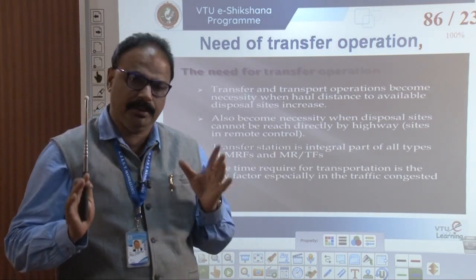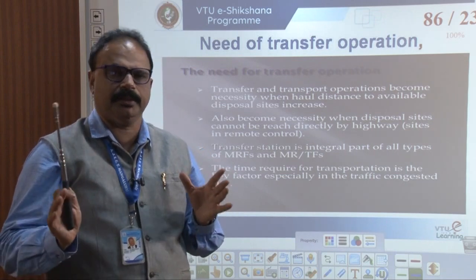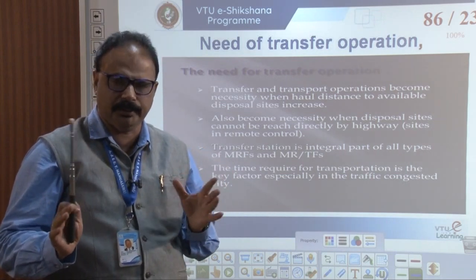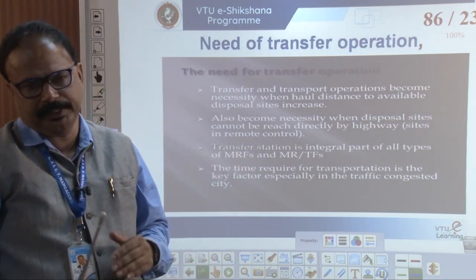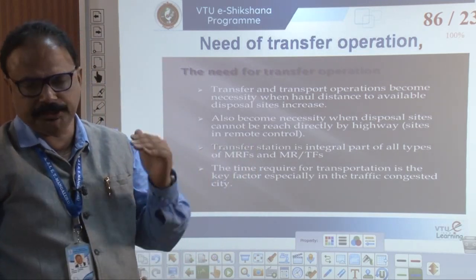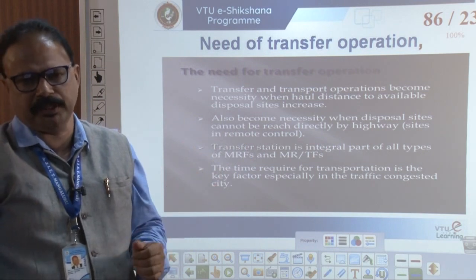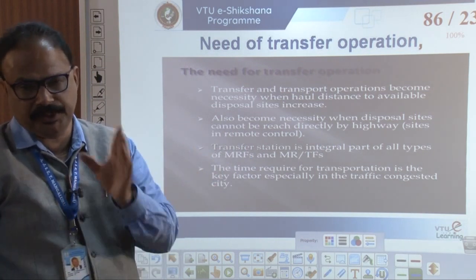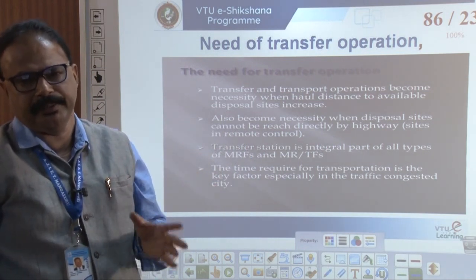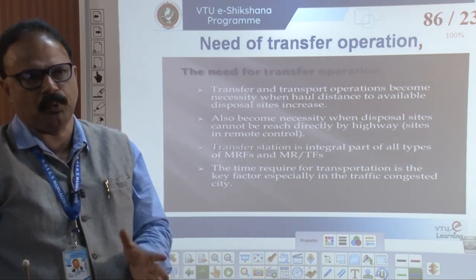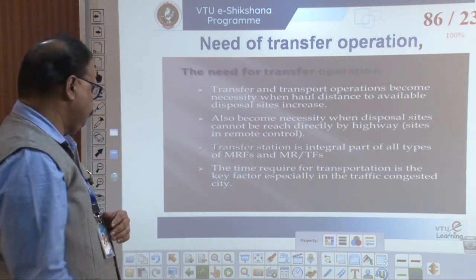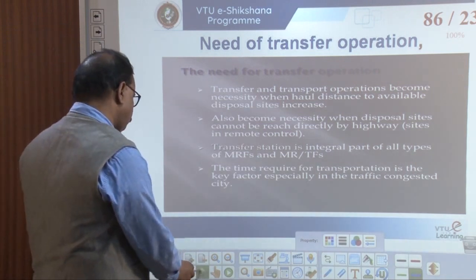This is the time we need a transfer operation and a transfer station. If there is a traffic jam or heavy traffic on a highway, we cannot reach directly. Congestion in the city or narrow roads are all such factors.